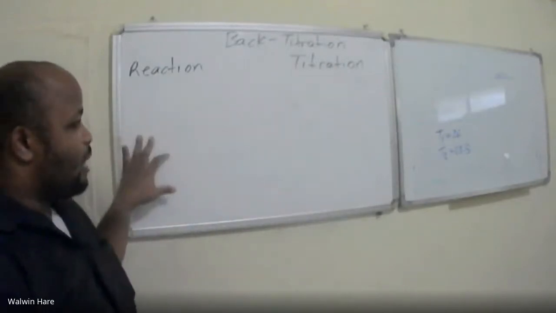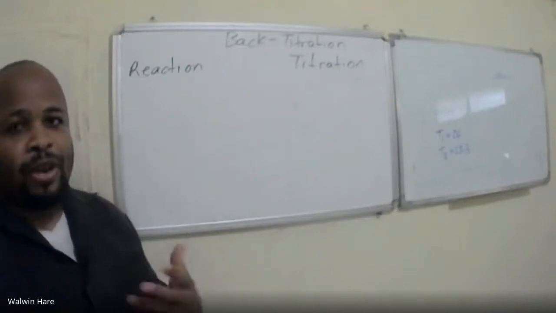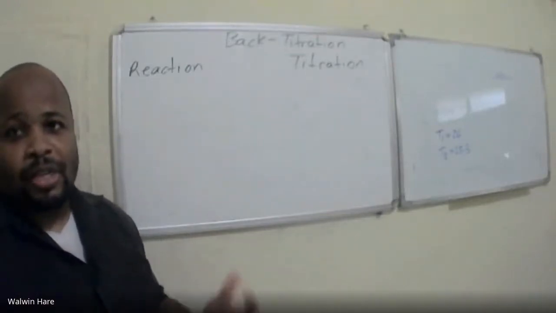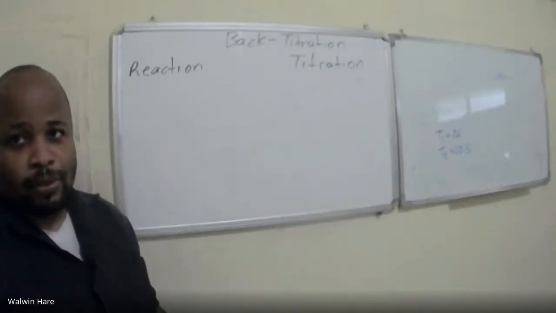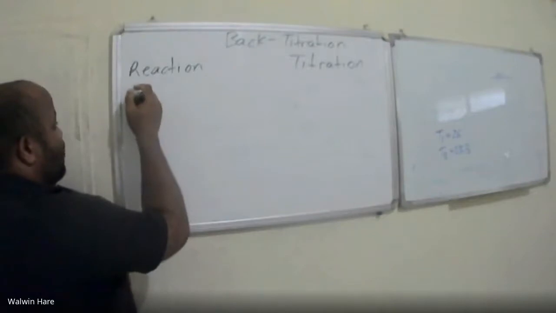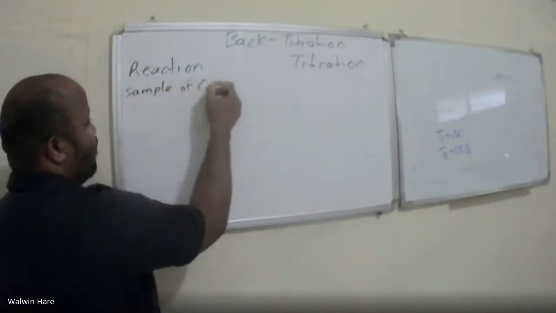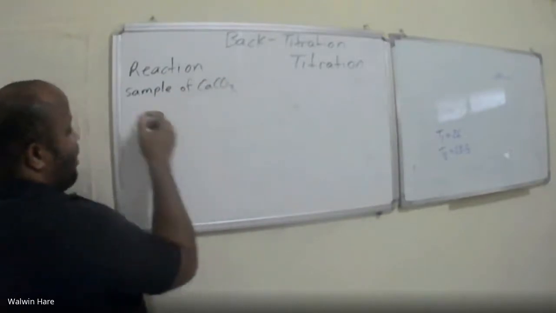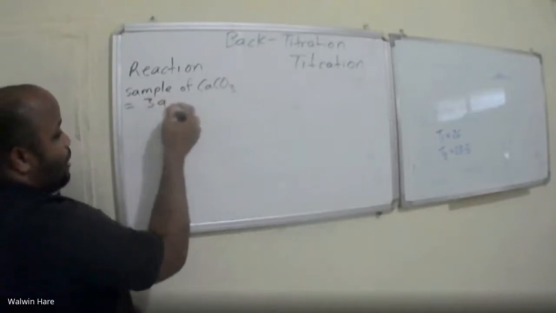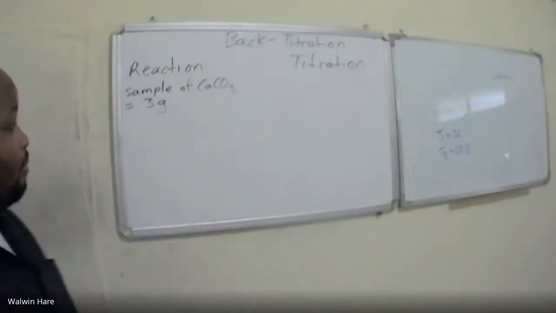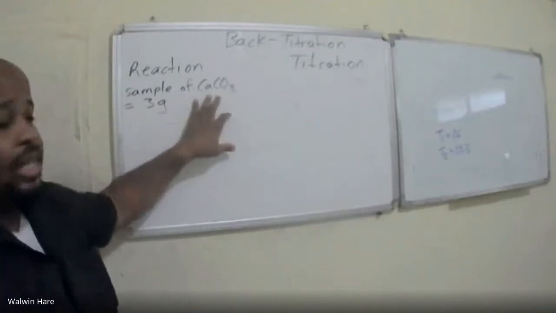Now for this scenario, let us say we're trying to find out the percentage of calcium carbonate in a sample of limestone. We have our sample with the calcium carbonate, and let us say we are using 3 grams of the sample. We are going to react the calcium carbonate with an acid.